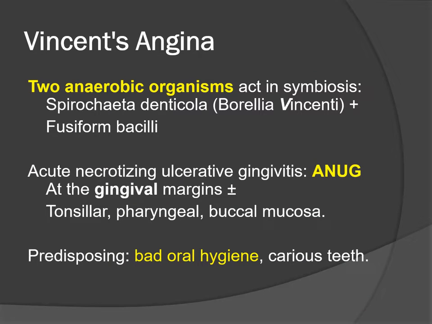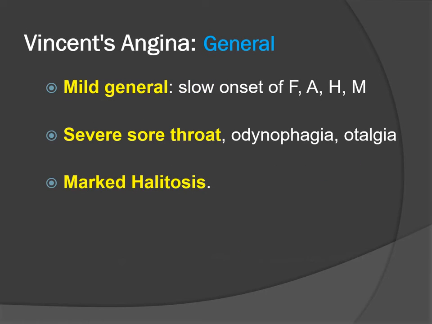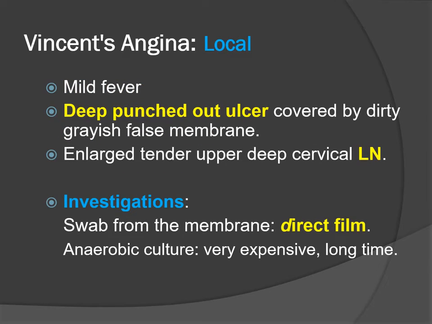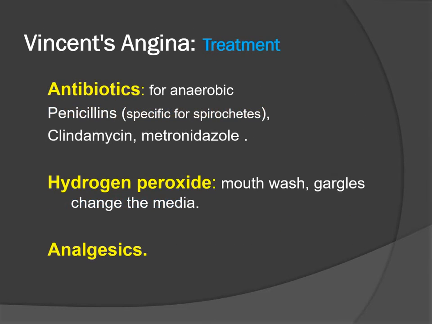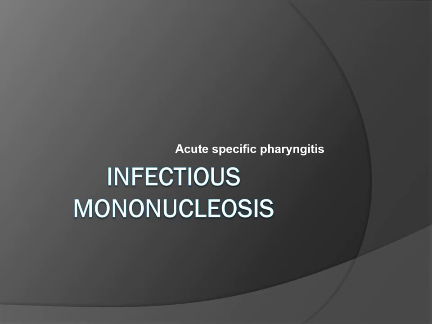It is an acute necrotizing ulcerative gingivitis due to two anaerobic organisms living in symbiosis, Spirochaeta denticola, named after Dr. Vincent, Borrelia vincentii, plus fusiform bacilli. Treatment: we give antibiotics that work on anaerobes, and we give hydrogen peroxide to alter the media, and analgesics.